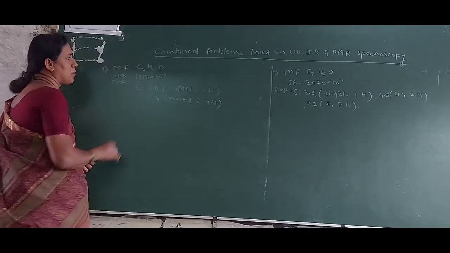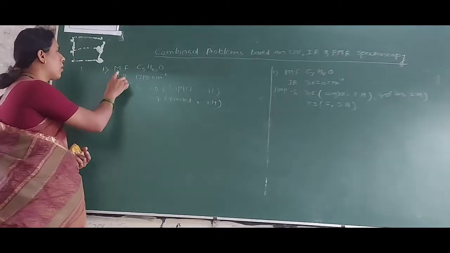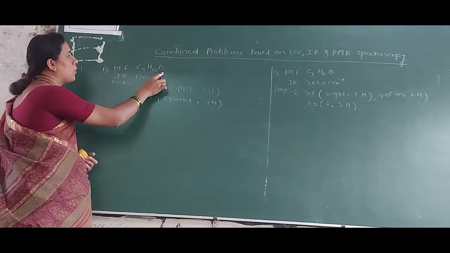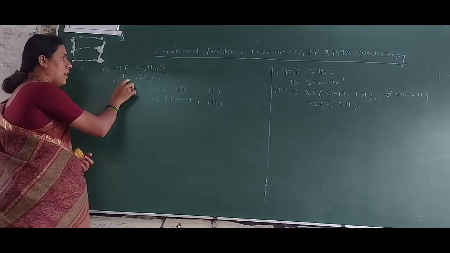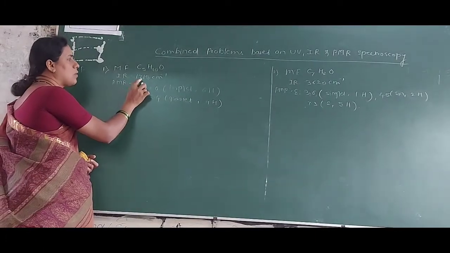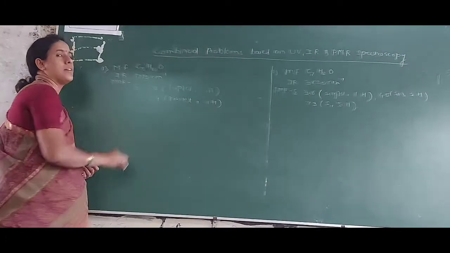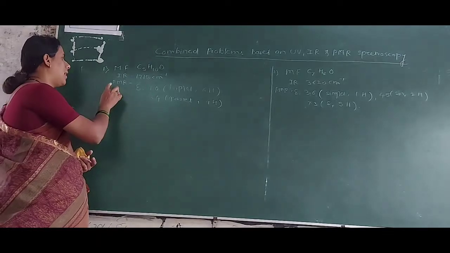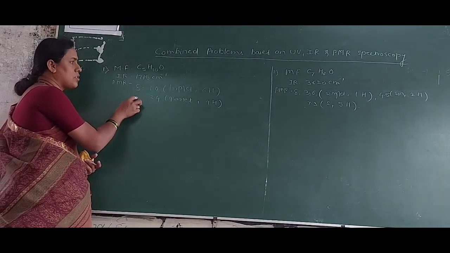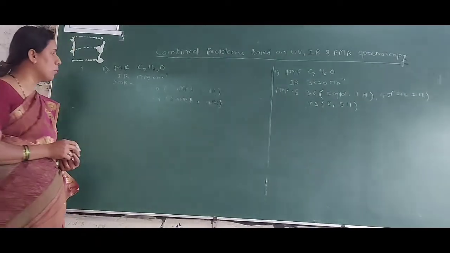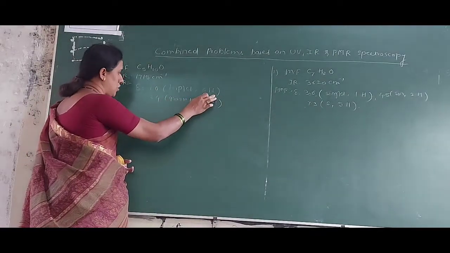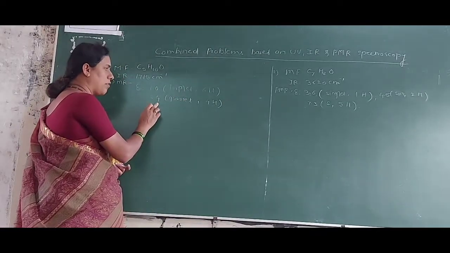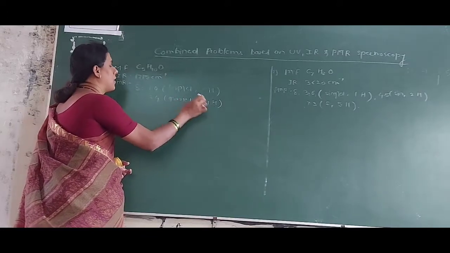The first problem is given to you. The molecular formula for the given organic compound is C5H10O. The IR frequency is at 1715 centimeter inverse and the PMR data, that is chemical shift values, are 1.0 triplet 6H and 2.4 quartet 4H.